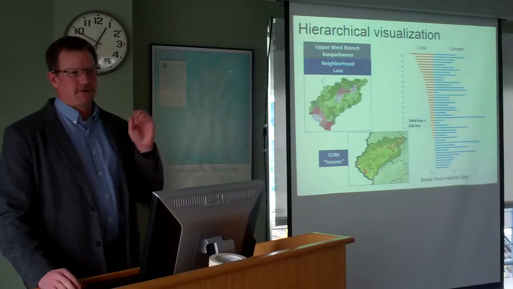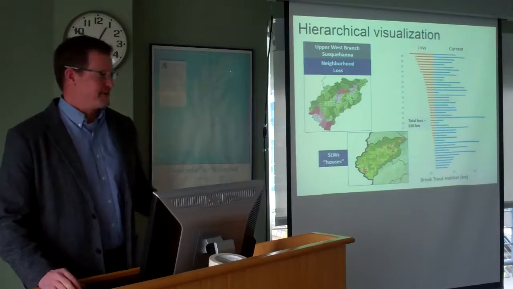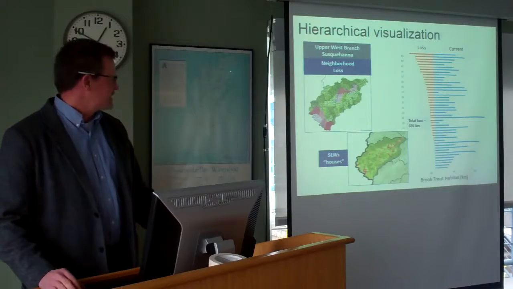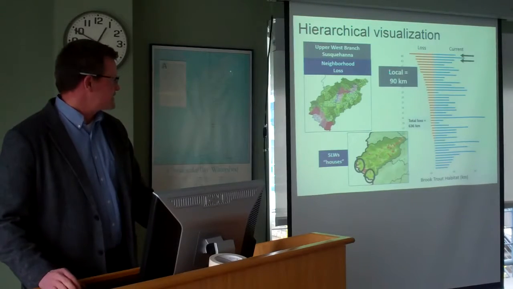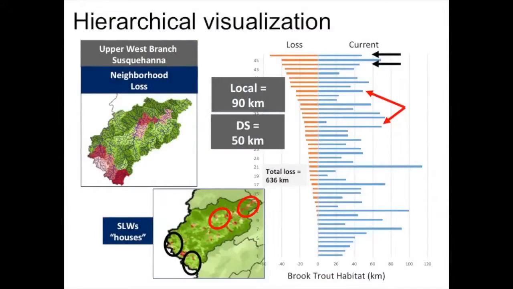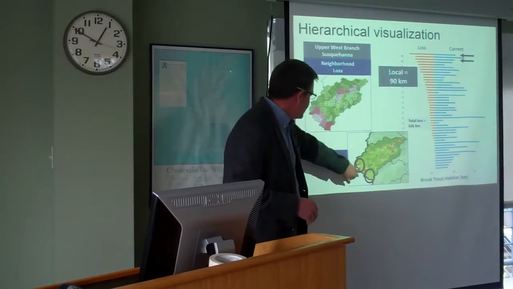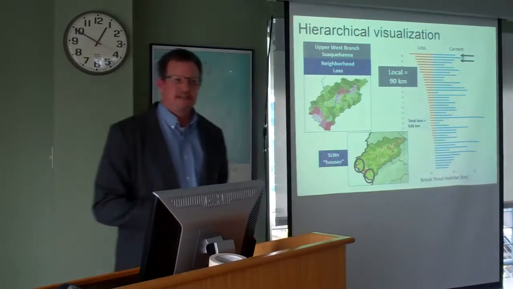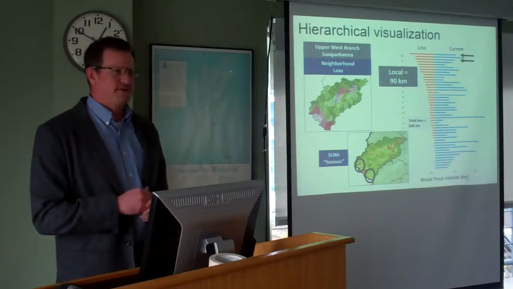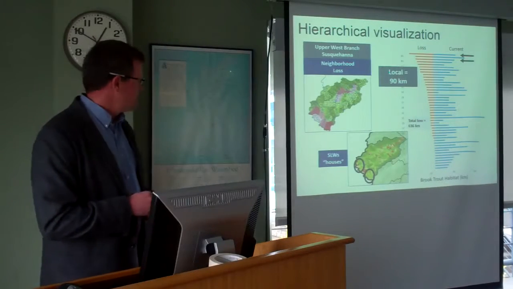What I really want to focus on here for you guys sitting in Annapolis is not so much the west branch of the Susquehanna, but let's say we target these two, what we call neighborhoods, these 12-digit HUCs that we want to restore. And I've drawn circles around their general location. They're here. And within those, we can see very clearly the habitats that we have to restore.